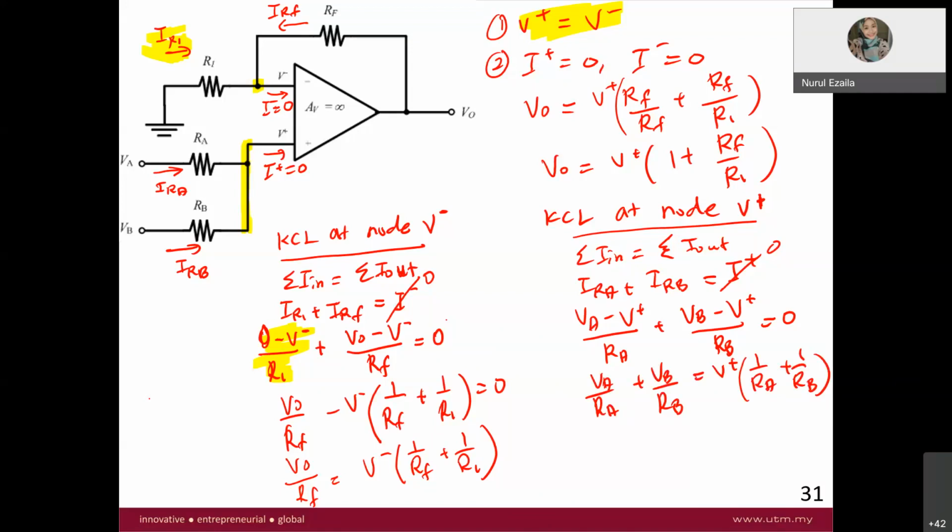If you rearrange, you will get VA over RA plus VB over RB equals V plus times RB plus RA over RA RB.